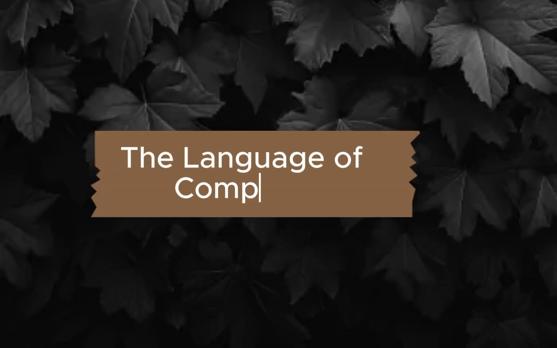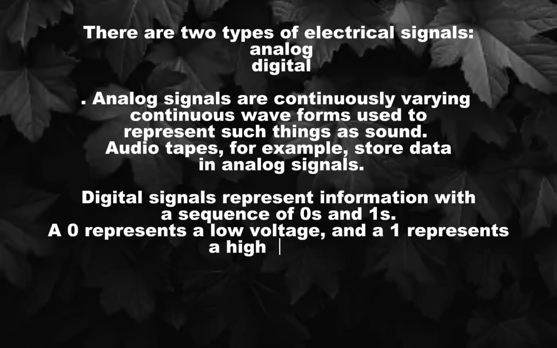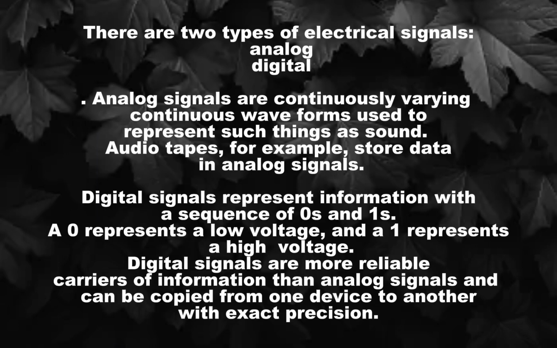The next topic is the languages of a computer. There are two types of electrical signals, analog signals and digital signals. Basically, there are signals behind the languages of a computer. Analog signals are continuously varying, continuous waveforms used to represent things such as sound. Audio tapes, for example, store data in analog signals.